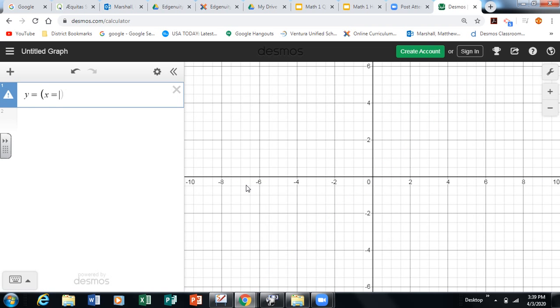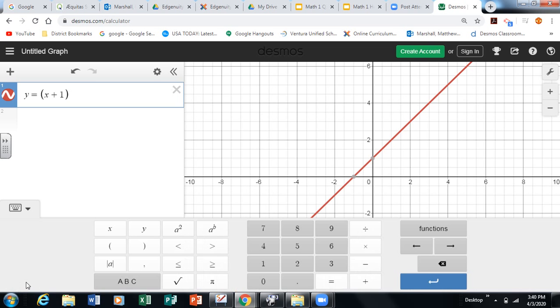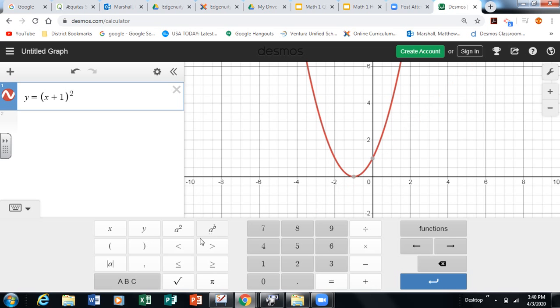While you're doing that, I went to Desmos. I'm typing that in. I want to see what that looks like. This graph. It'll tell me. And that's x plus 2 squared.